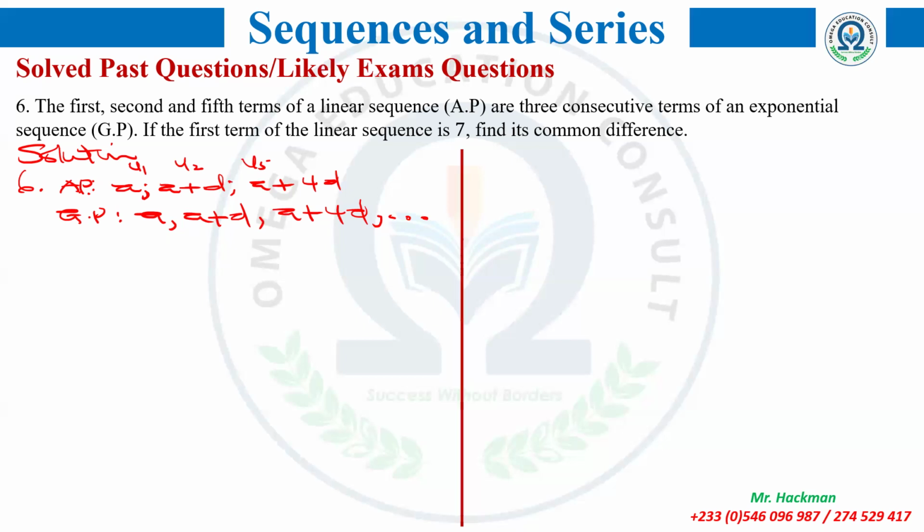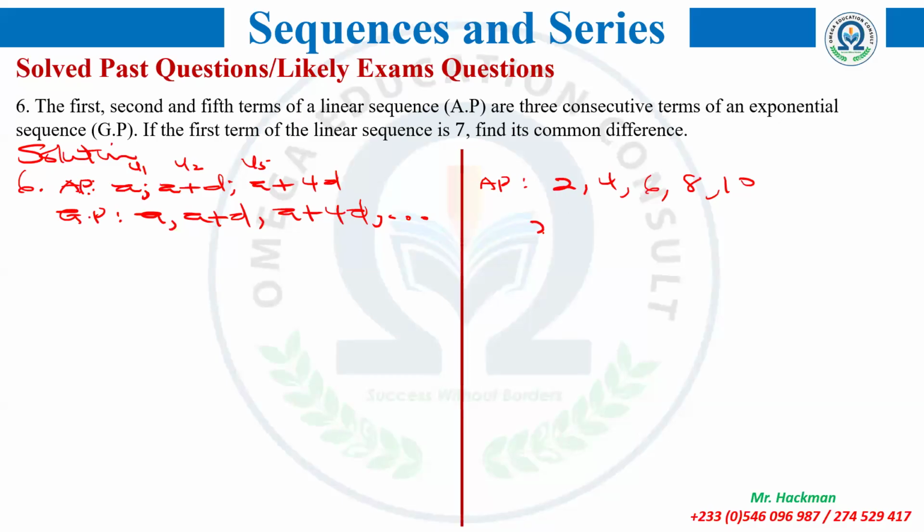We are not saying that it is equal. Assuming I have an AP: 2, 4, 6, 8, 10. This is an AP, do you agree? Now I can pick some of the terms of your AP, and they can form a GP.